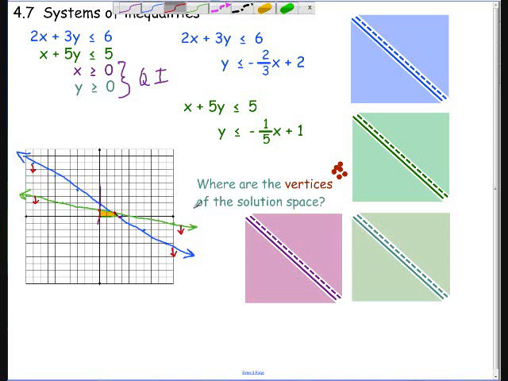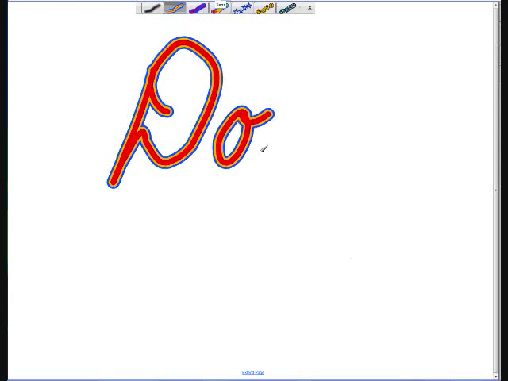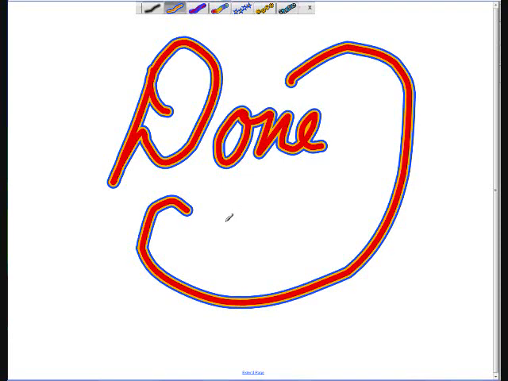So I do have 4 vertices of my solution space, which I have highlighted in yellow. Well, we got through that pretty well. We're done with all the basics associated with inequalities, systems of inequalities.